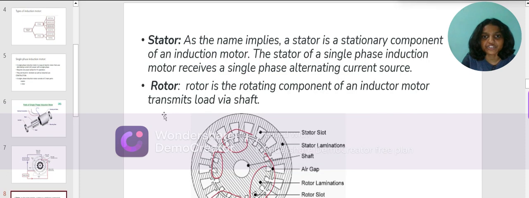If we look at this picture, this outer part is the stator, and the teeth-like structures are called slots. And the inner part here we can find as rotor. The rotor has some slots here. They are called rotor slots.